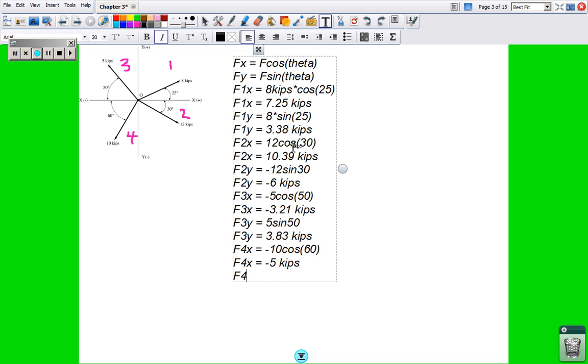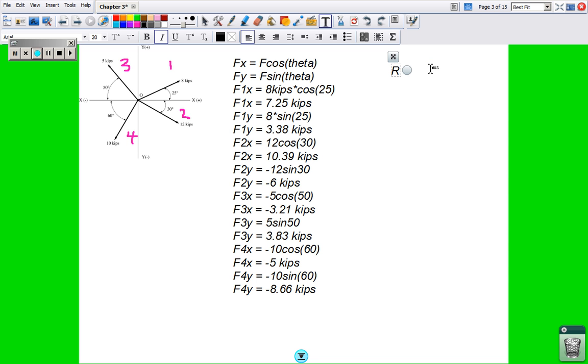And F4y is equal to 10 sine 60. It's also negative. So F4y is equal to negative 8.66 kips.